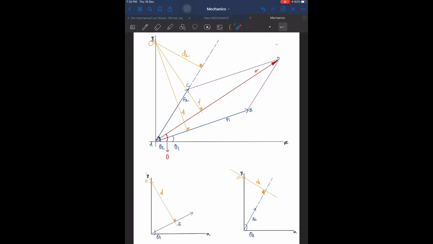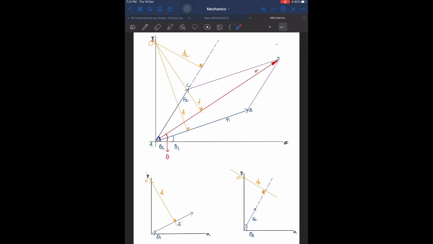Now friends, if you look over here, you can see that I have drawn the force with F1 magnitude and F2 magnitude with the respective perpendicular distances from moment center, and also I have marked the angle that the forces with magnitude F1 and F2 make with the horizontal or the x-axis, theta 1, theta 2.